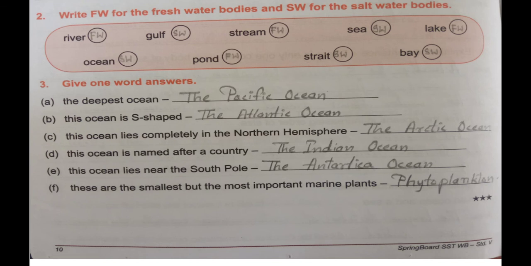That is the Indian Ocean. Next, this ocean lies near the South Pole. Which one? Very good, that is the Antarctic Ocean.